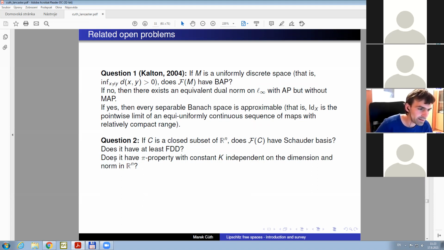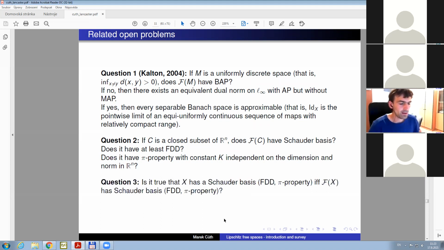And the reason why this is so important to answer is that it is closely related to the question of whether the notion of Schauder basis, FDD, or pi property is preserved by Lipschitz isomorphisms. So provided X has a Schauder basis if and only if F(X) has a Schauder basis, we, as an application, similarly as in the BAP case, can prove that the notion of Schauder basis, FDD, and pi property is preserved by Lipschitz isomorphisms.